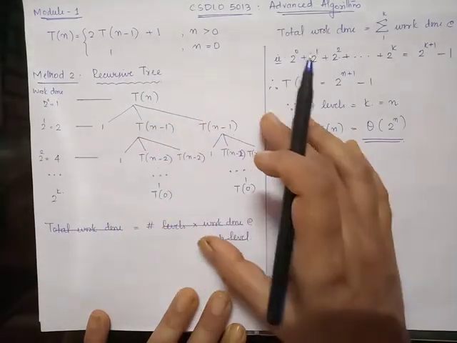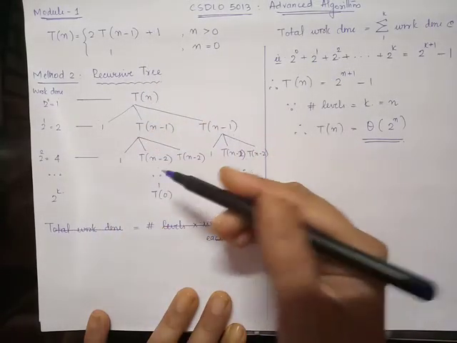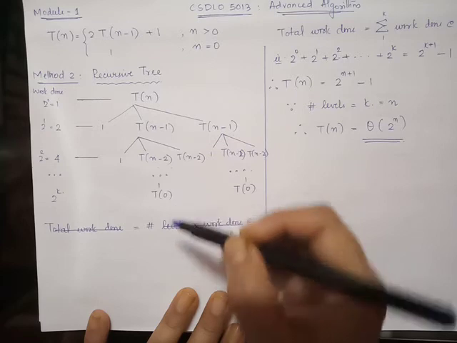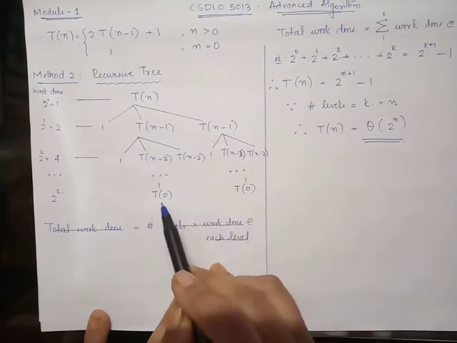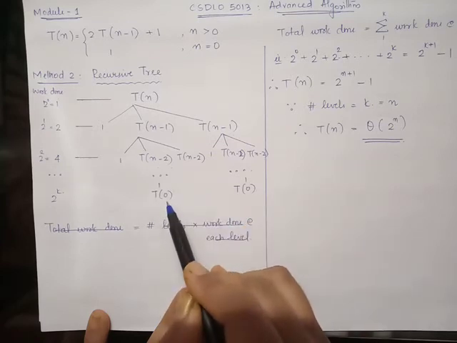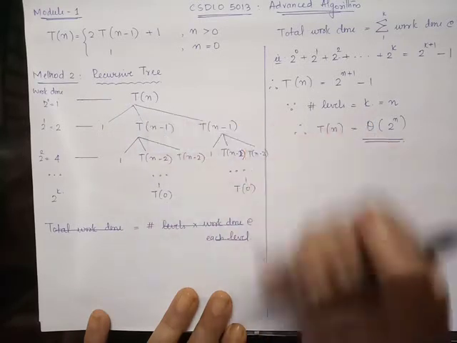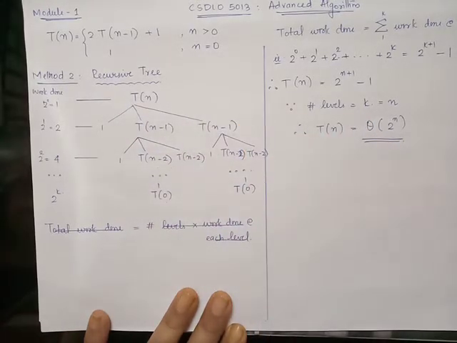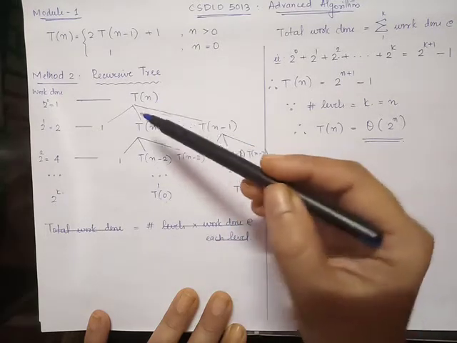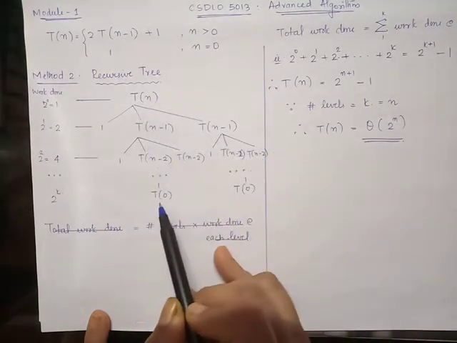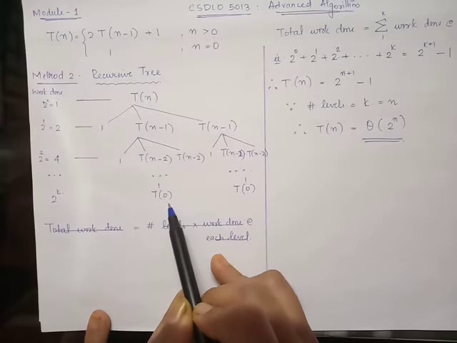Likewise, we can expand this tree, and this will continue till the value of n goes to 0. In this tree we can expand it till the value of n goes to 0.